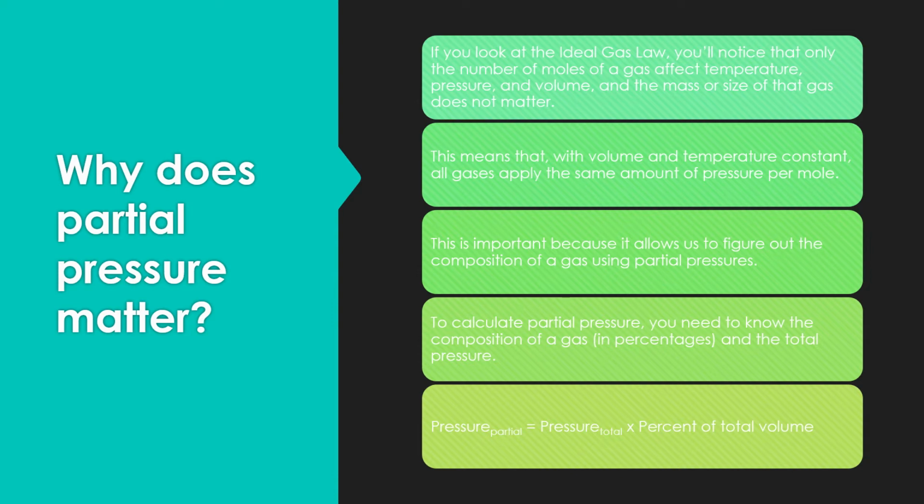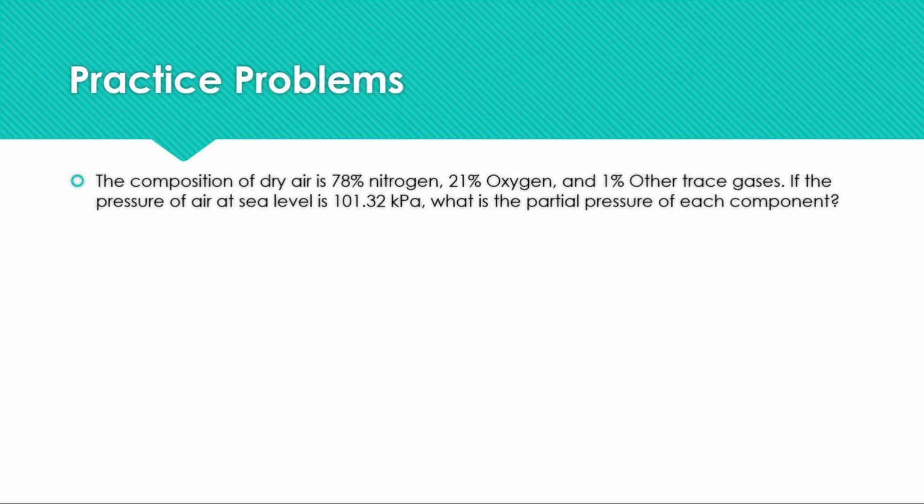Let's take a look. This first example problem says the composition of dry air is 78% nitrogen, 21% oxygen, and 1% other trace gases. If the pressure of air at sea level is 101.32 kilopascals, what is the partial pressure of each component? So we're going to divide that up into nitrogen, which has a percentage of 0.78, oxygen, which is 0.21, and other gases, which is 0.01.